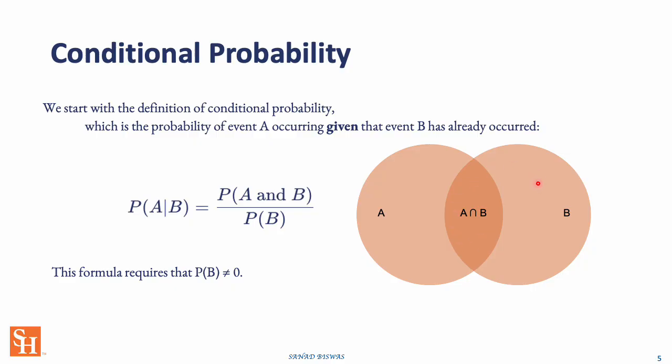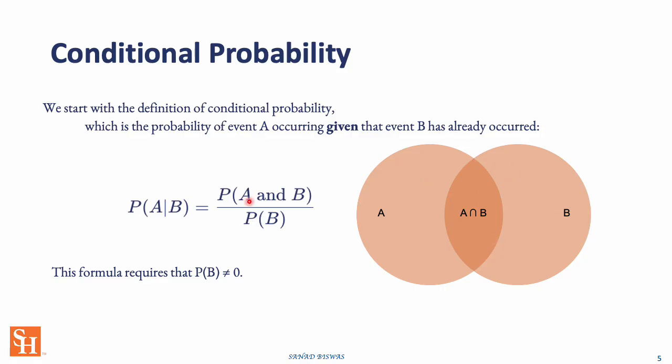If B happens in the other area, then A cannot happen, right? So we are interested in the probability that A has happened given that B has already happened. That means we have to find the probability that something inside this area will happen given the whole circle to the right, meaning B has happened. So how can we calculate that?